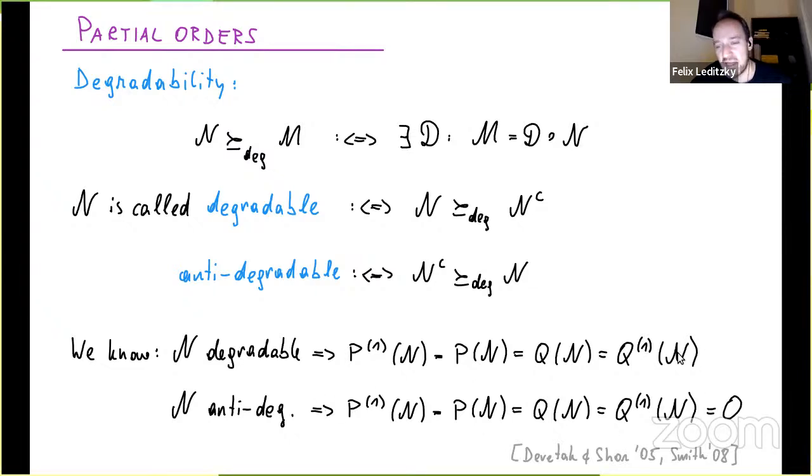And then furthermore, in that case, you can actually also efficiently compute this. And if the channel is anti-degradable, then we know that they all, again, coincide, but they're actually always equal to 0, which you can prove using an entropic argument, but you can also prove this operationally using a version of the no-cloning argument. So we already see that these orders here imply something about the capacities.